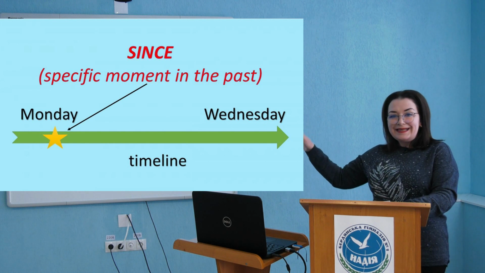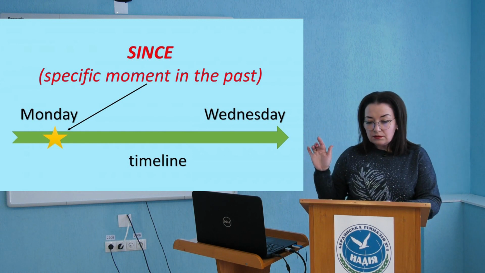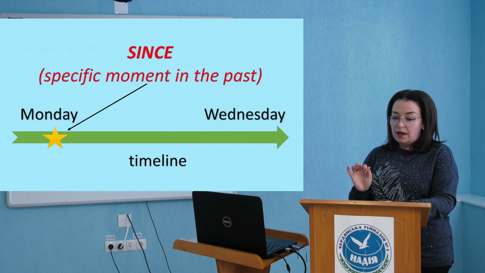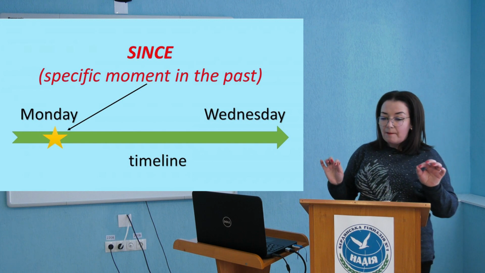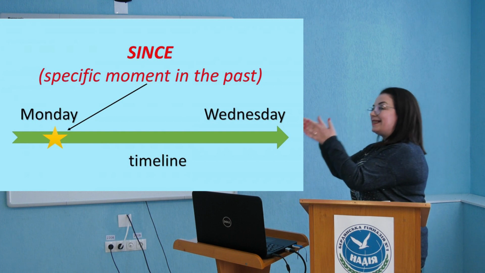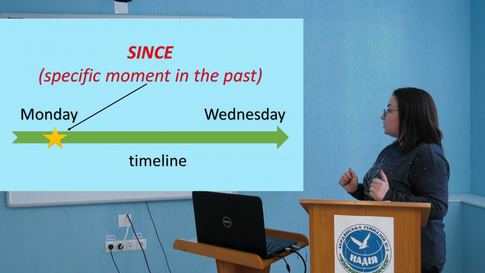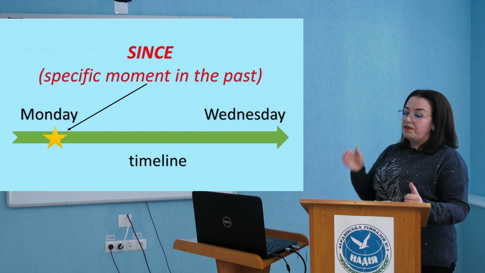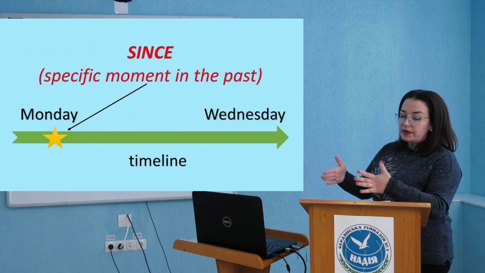And on Monday, the action started happening or happened. It means the point is Monday. So we can say that we have been doing the action since Monday and it is going on up to this day, up to Wednesday. So the focus is on the point in time when the action happened or started happening. This is the main difference.